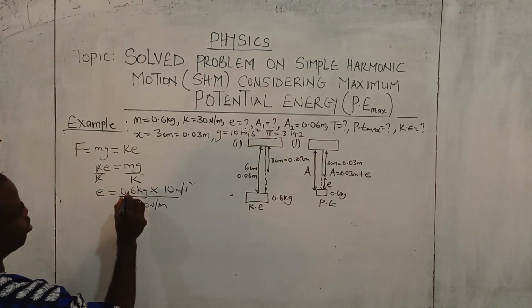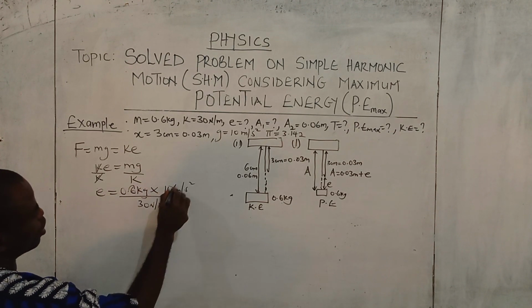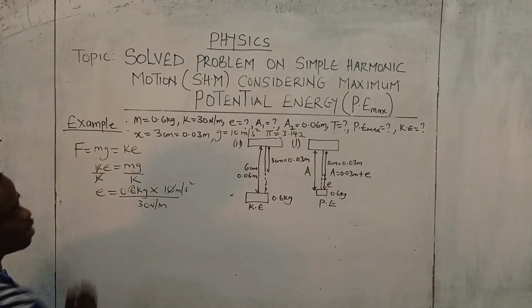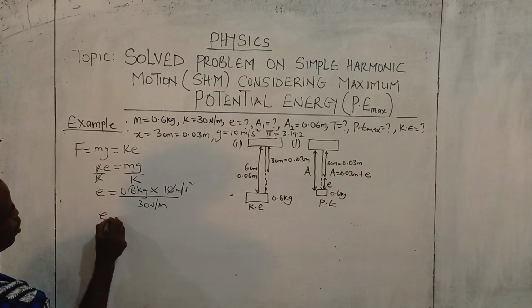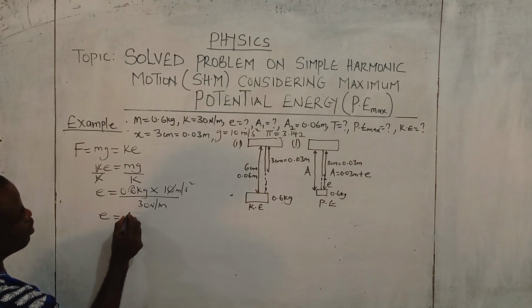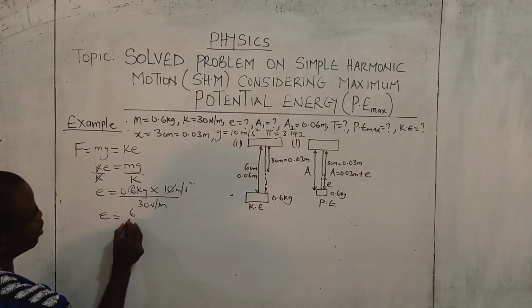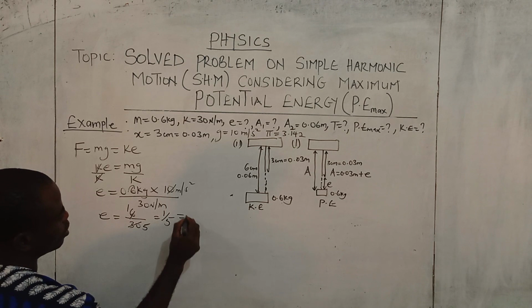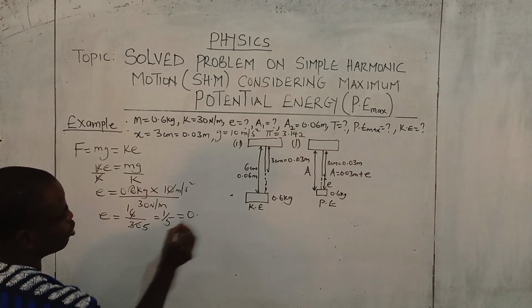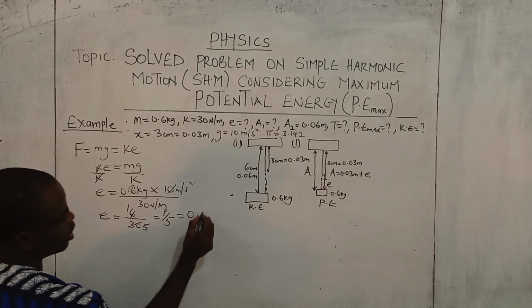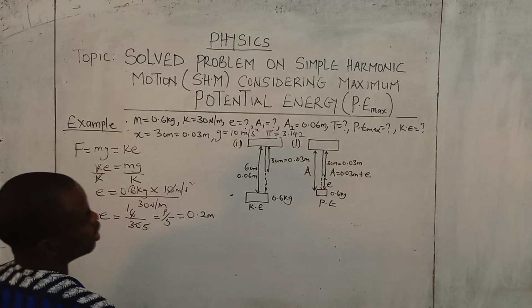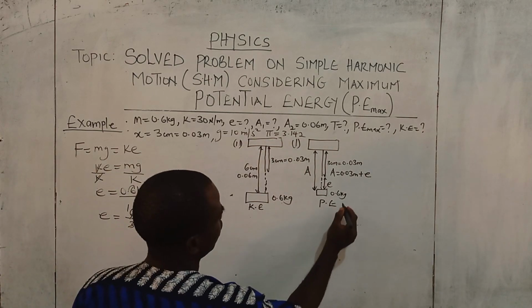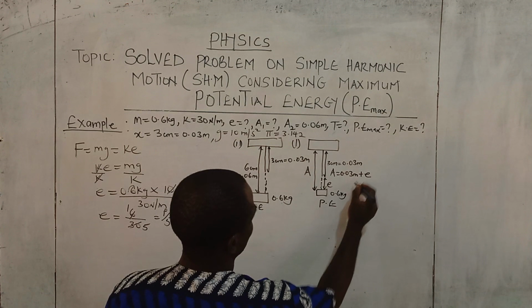From here, when you multiply, shift once, cancel the 0. We want to limit the rate at which we use calculator. Now you have 6 times 1 divided by 30. 6 in 6, 1, 6 in 30, 5. So 1 over 5, 5 goes in 10, 2, 0.2 meters. Now we can see that our extension is 0.2.